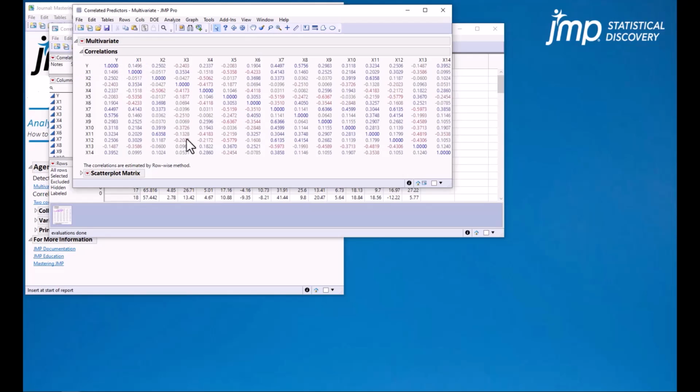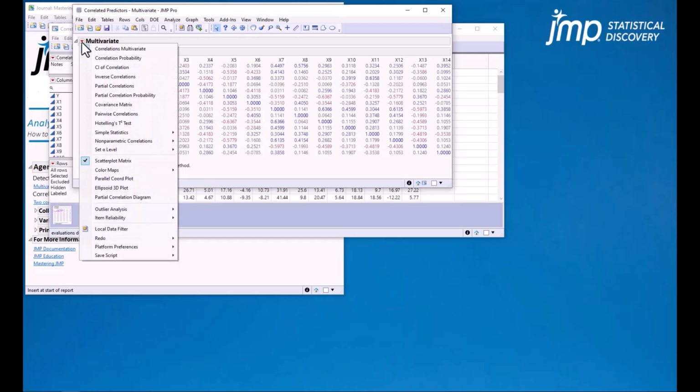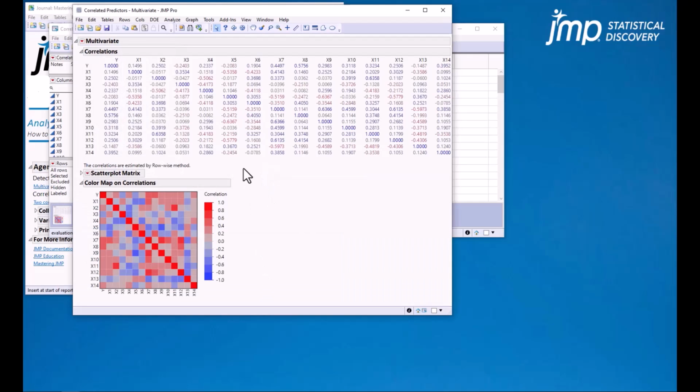So this matrix, if you have more than just a few variables, can be fairly overwhelming. JMP has a few ways to look at it graphically, and the first way that I like to look at it is to see it as a color map. I'm going to do color map on correlations. And these numbers in the correlation matrix have now been translated into colors in these colored squares.